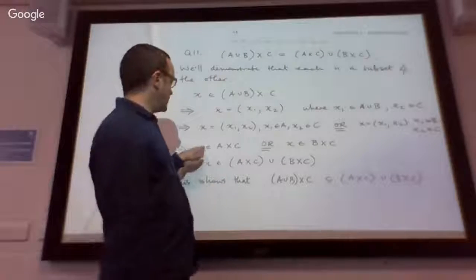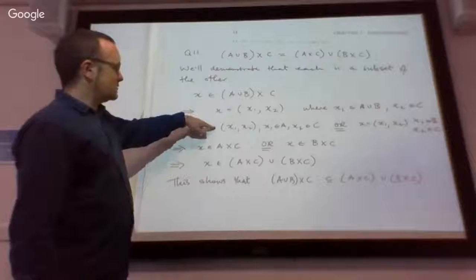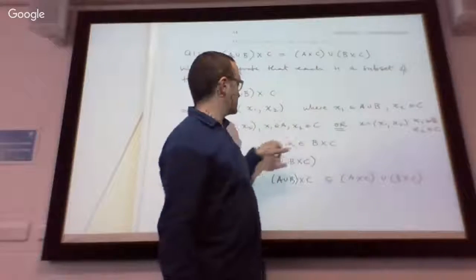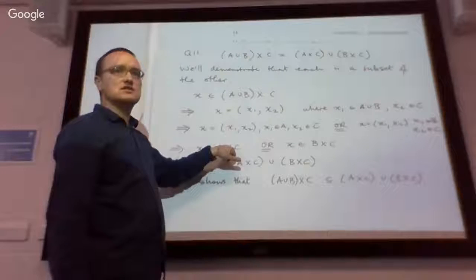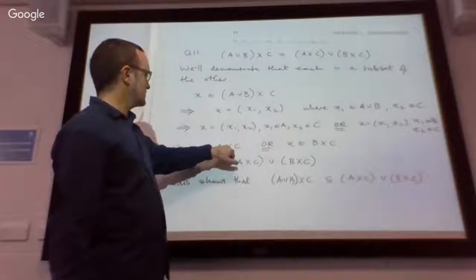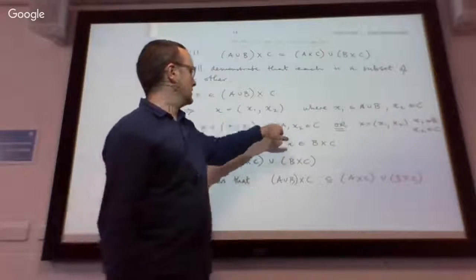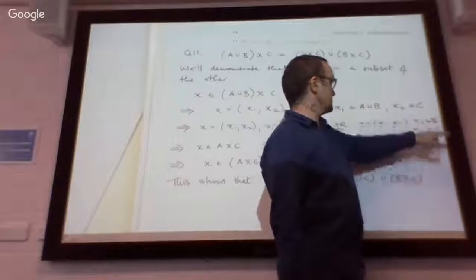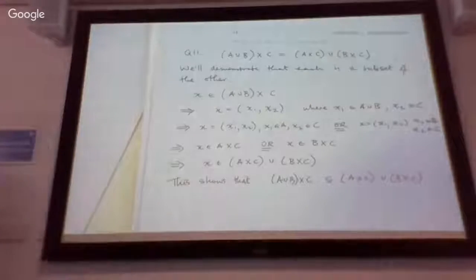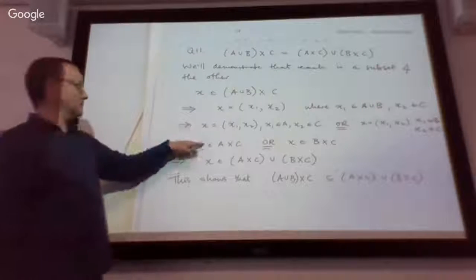So if x is in this set or x is in that set, well, this statement here is really just saying the same thing. I've still got this or in the middle, but I'm just writing out the definition of this Cartesian product. So x is in A cross C. That does mean x is of this form here, where the first bit comes from A, second bit from C. And x being in B cross C, that just translates into that. So that implication goes the other way from here back up to here.